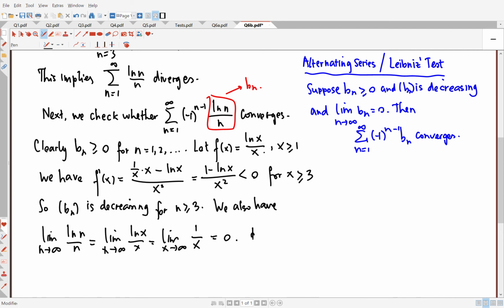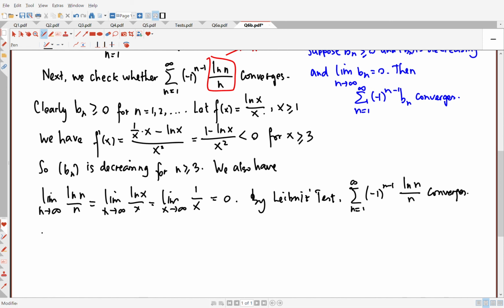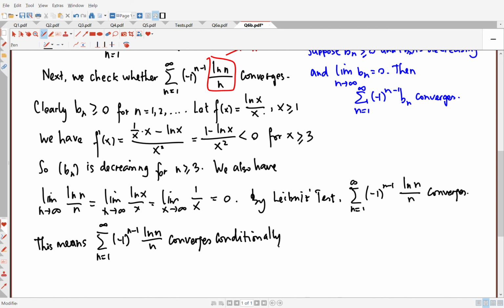So by Leibniz test, this converges. And this means the sum n from 1 to infinity of minus 1 power n minus 1 ln n over n converges conditionally. Done.